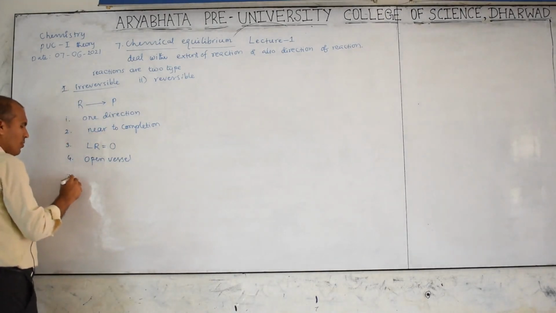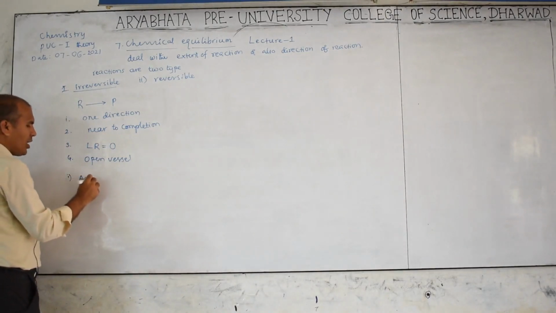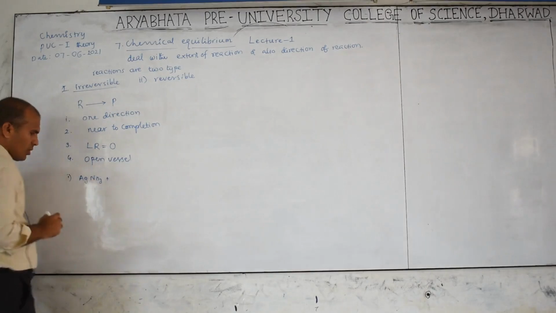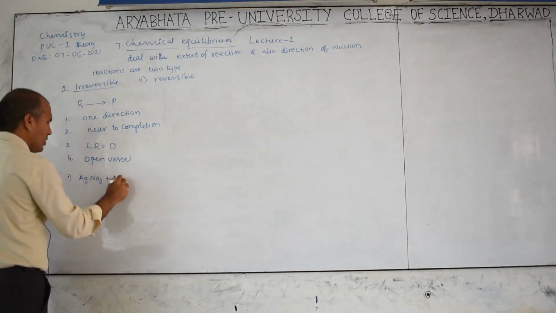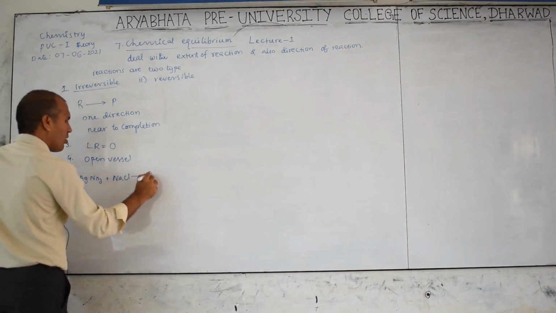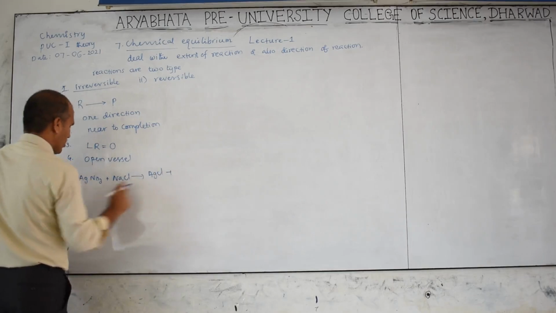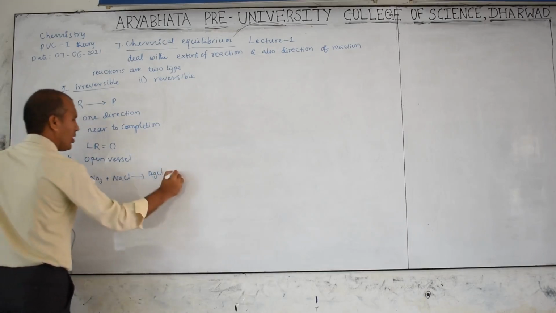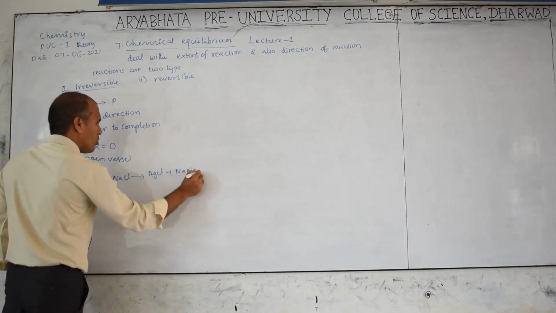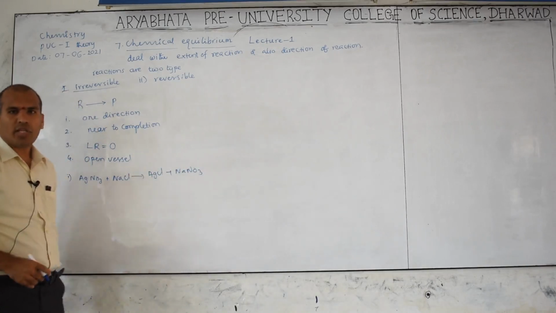For example, AgNO3 and NaCl convert into AgCl and NaNO3. This reaction is an irreversible reaction.